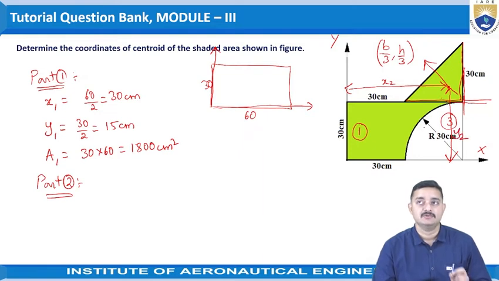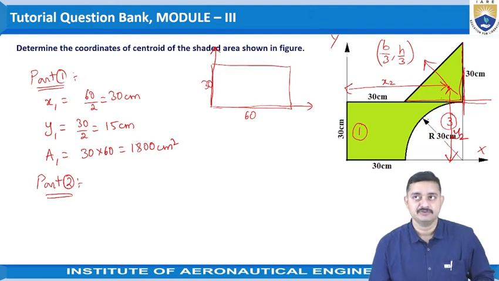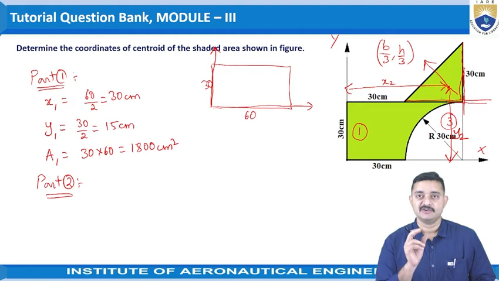Okay, so here there is a slight understanding which we need to see here. The centroid quadrant which we are taking, the coordinates of the centroid would be from the reference axis, and b by 3, h by 3 are the coordinates of this centroid from the axis which is shown here, this line and this line.